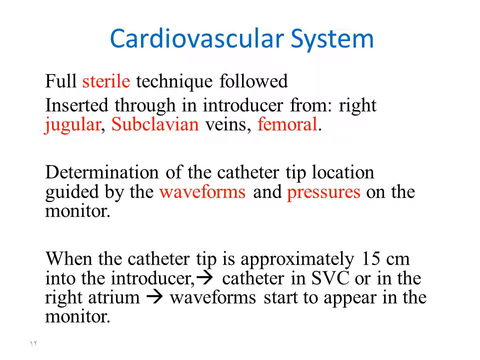يعني إذا كان البريشر كقراءة معينة بعرف أنه موجود في الرايت أتريوم. إذا اختلفت القراءة ونزلنا الكاثيتر شوي داخل بعد الرايت أتريوم ارتفع البريشر بقدر أحكي أنه في الرايت فنتريكل. اختلفت قراءة البريشر في البلمونري ارتري دلالة على أنه دخل الكاثيتر تب at the pulmonary artery. وهكذا وصل the catheter tip at the pulmonary artery wedge تختلف القراءة وبالتالي نقدر نحكي أنه هو موجود at the wedge أو pulmonary artery wedge pressure.